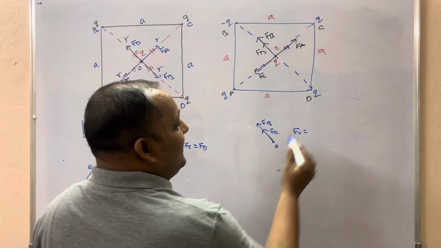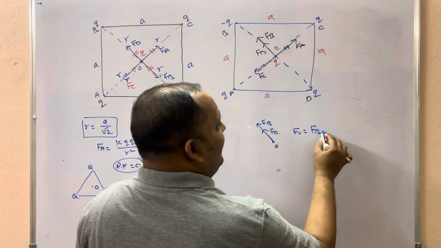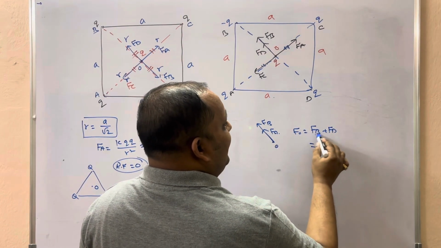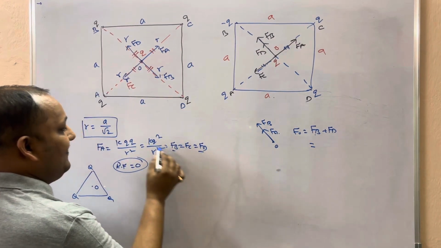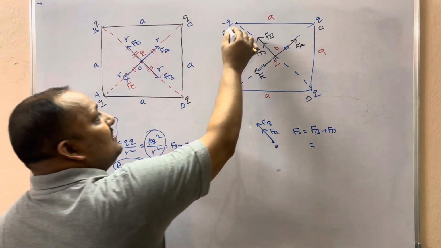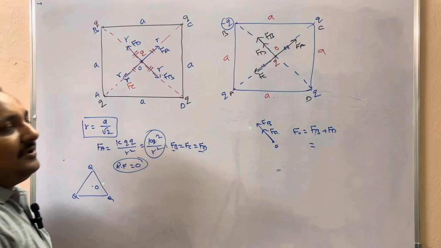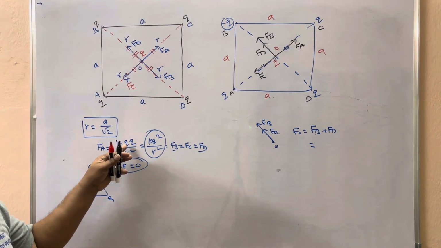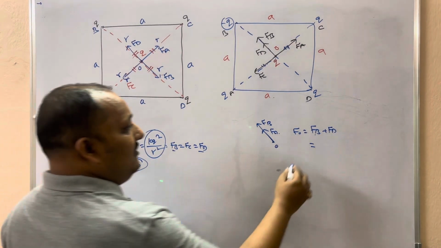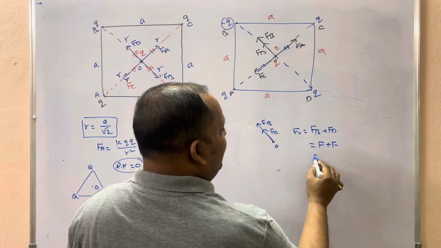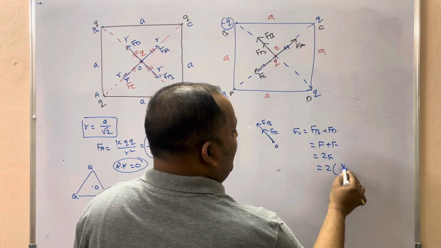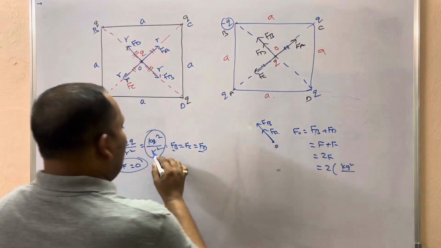Therefore, at center, the resultant force is nothing but FB plus FD. Here FB and FD both are the same, because we don't consider the negative sign whenever we are taking Coulomb's law. Therefore, both are going to be the same, F plus F, 2F, that is 2KQ square by R square.